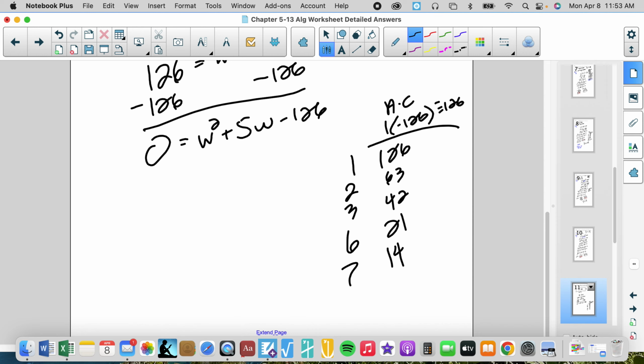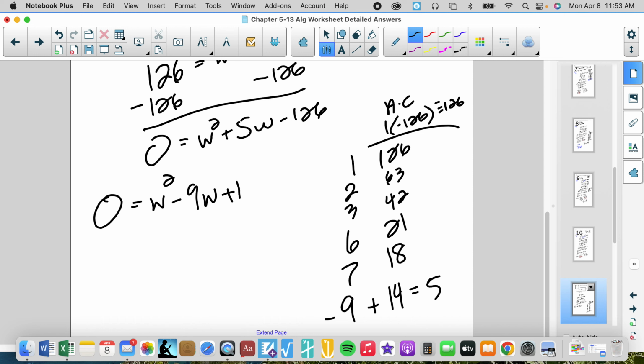No, not 14. 7 and 18. 8, no. 9, yes. 9 goes into that 14 times. And guess what? Signs are different. Bigger is positive. There is my positive 5. So there's my factors, my outside and inside.